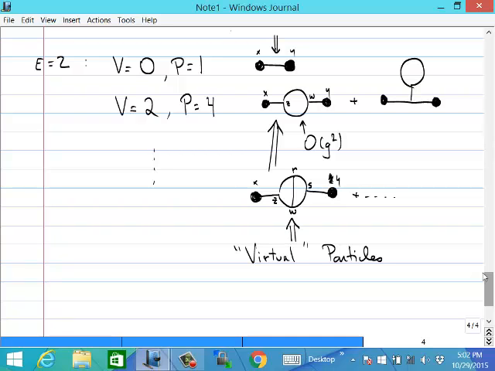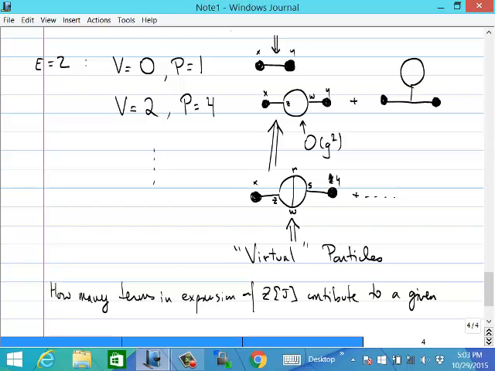So the question that we want to ask really is, of the various terms that appeared in our expression for z as a sum over p and v, how many terms in the expansion of z of j that I wrote down above contribute to a given diagram? And we need to answer this question in order to compute this numerical coefficient.